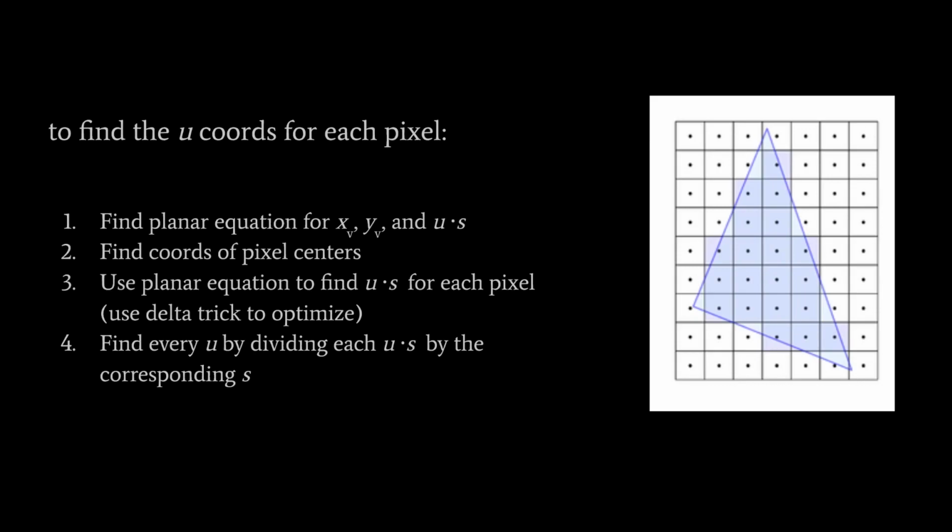We don't have to plug in x and y of every pixel center to get the U times S. Once we have just 4 of them, we can fill in the rest of the grid with cheaper addition operations. And so now we have U times S for every pixel. If we also have computed S for every pixel, then we can get the U's. We take for a pixel its U times S, divide by its S, and get its U.